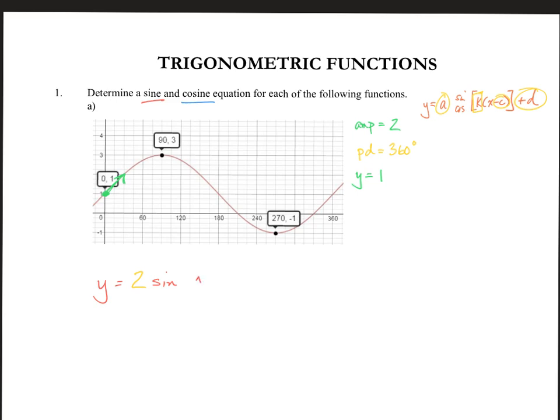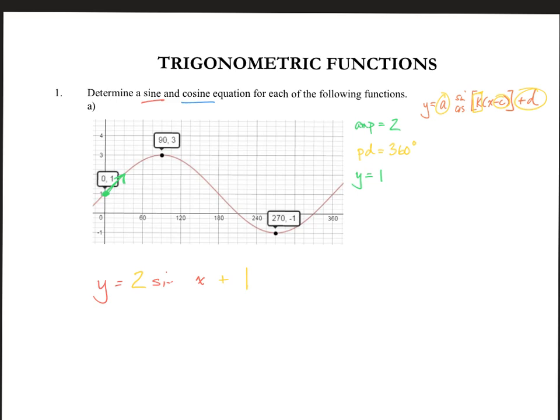So I'm going to keep that x in there, but I'm just going to have a little placeholder for my k value if there was any stretch. I do know very quickly that the middle of my graph has been shifted from 0 up to 1, so I must have a vertical shift of 1. Now, the only thing we're missing is our k value, so let's go back and consider that.